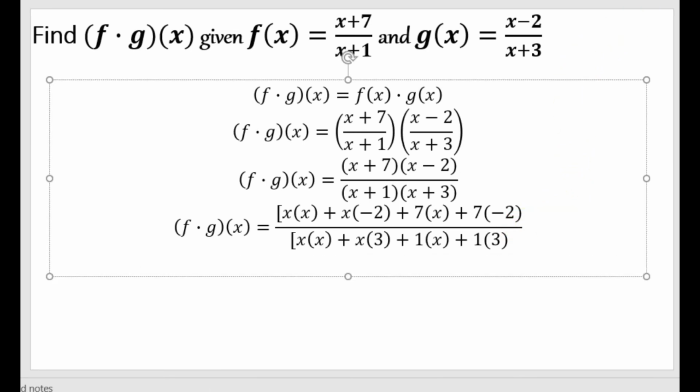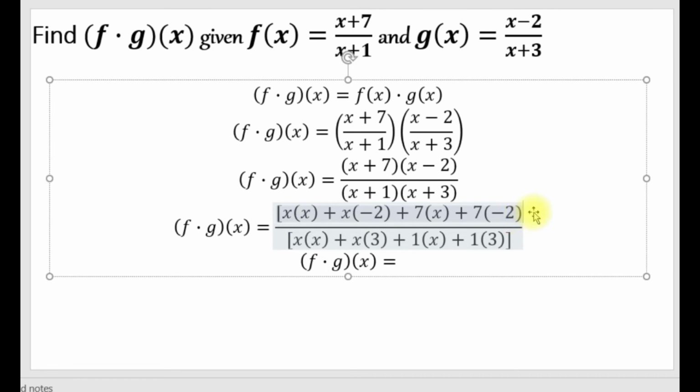So next step is we're going to simplify the numerator and the denominator of our last step.